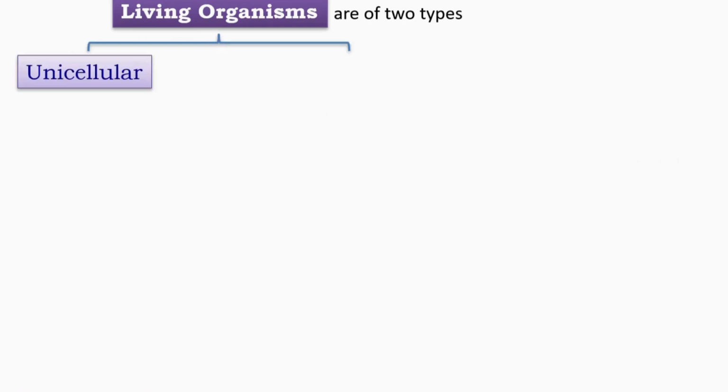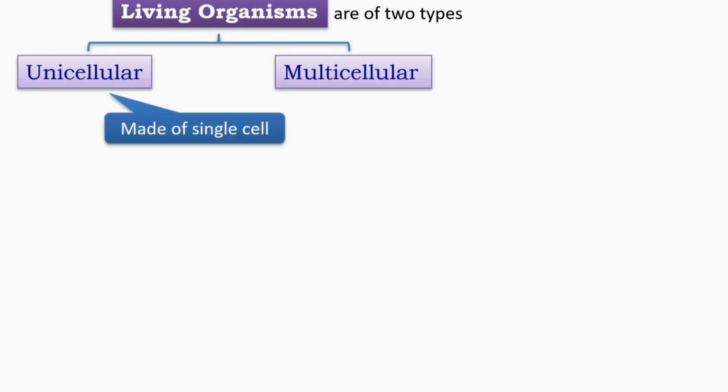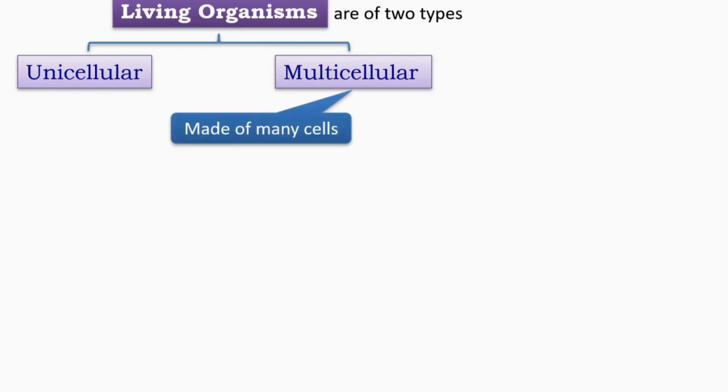Living organisms. Living organisms are of two types: unicellular, multicellular. Unicellular is made up of single cell. Multicellular is made of many cells.